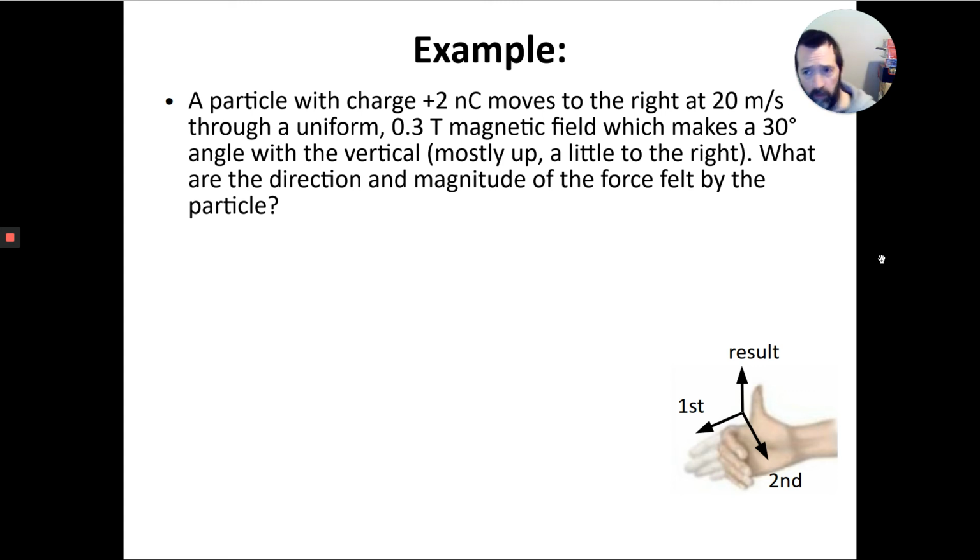Okay, so let's try to figure out the direction first. So here again, my hand is pointing to the right, according to the bubble on my camera. But the magnetic field points mostly up, a little bit to the right. So I'm going to have to flip my hand over in this weird way again. So fingers pointing right.